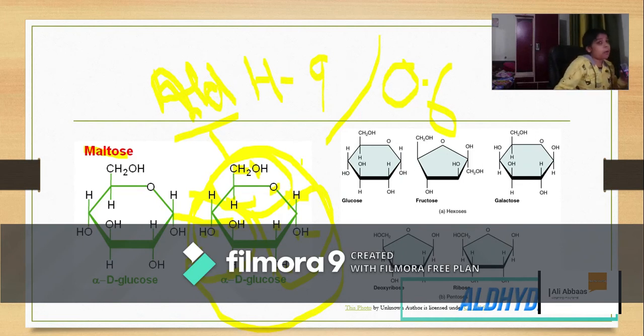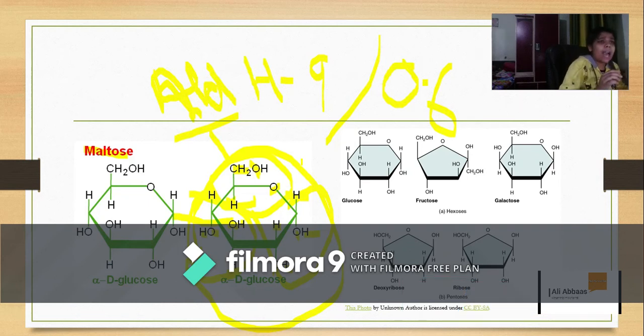If one part of the molecule is an aldehyde, then the whole molecule is an aldehyde. So this molecule is an aldehyde, meaning it's glucose, and it's a disaccharide maltose form of glucose. It's not the original form of glucose.